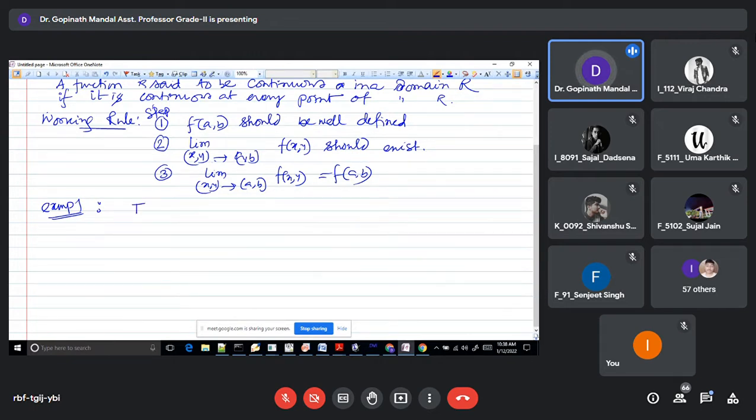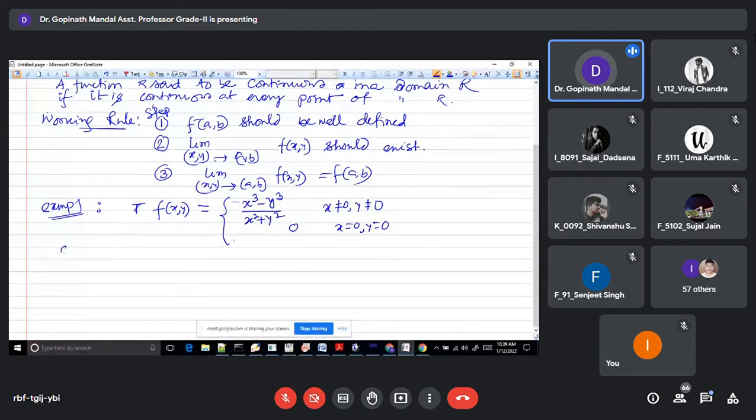This is the function f(x,y). The function f(x,y) is given as (x cube minus y cube) by (x square plus y square) when x and y both are not equal to 0, and equal to 0 when x and y both are equal to 0.